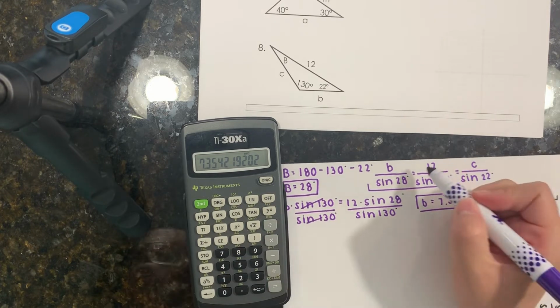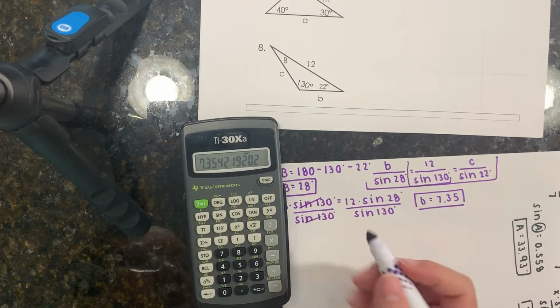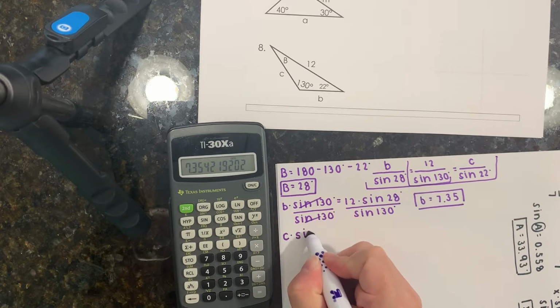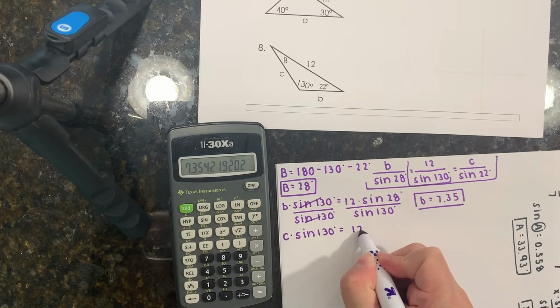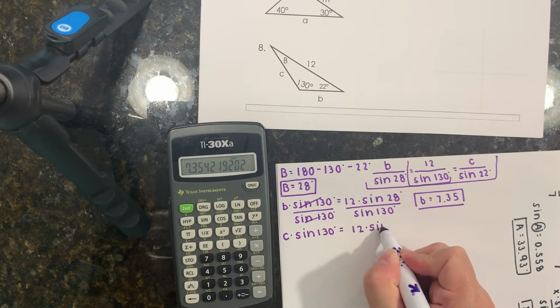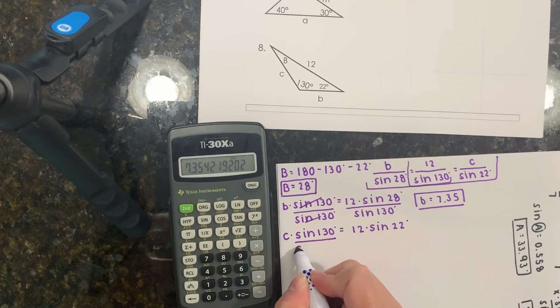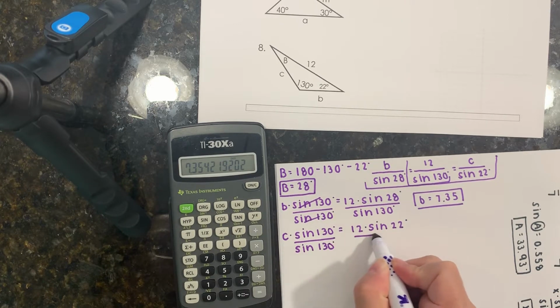And now for c, you're going to set up your ratios for this last one, which is going to be similar. So it's going to be c times the sine of 130 equals 12 times sine of 22, then divide by the sine of 130.